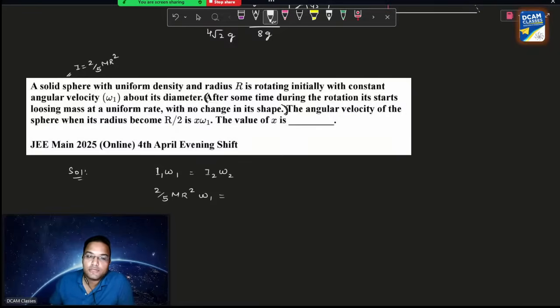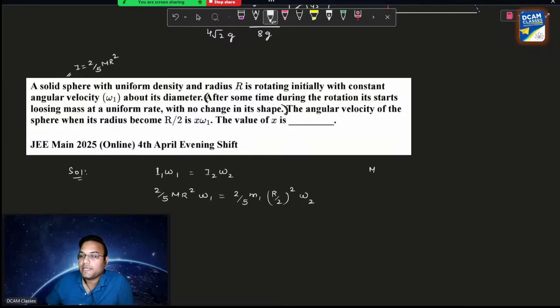It's still a solid sphere. So its moment of inertia will be 2 by 5 into what? Now its mass will also change. m1 into r by 2 whole square. This is the part where most of the students make the mistake. Because to find the mass, you have to apply the density, the volume density.